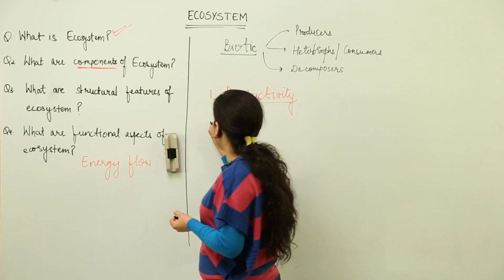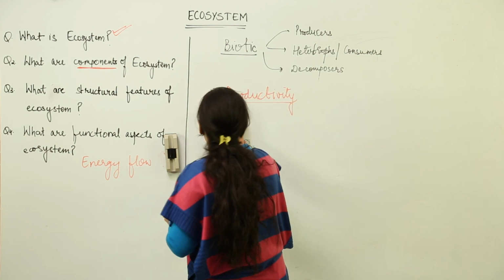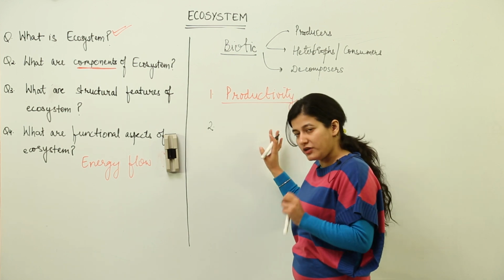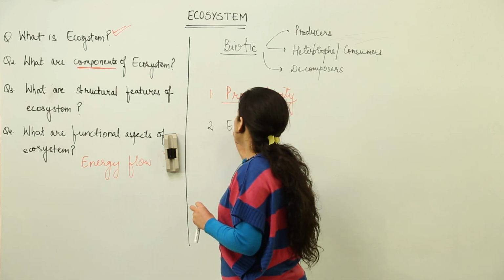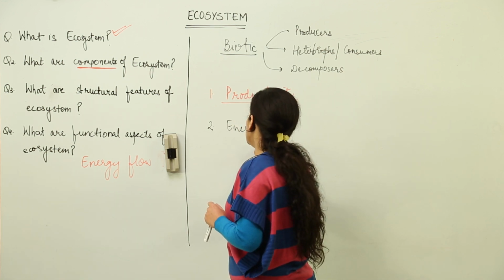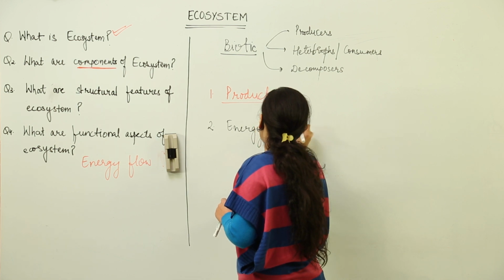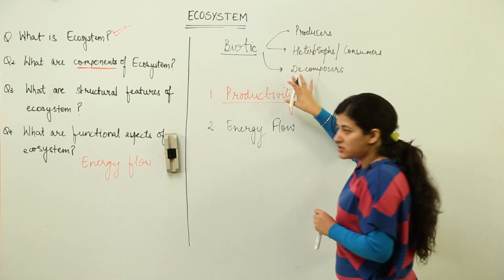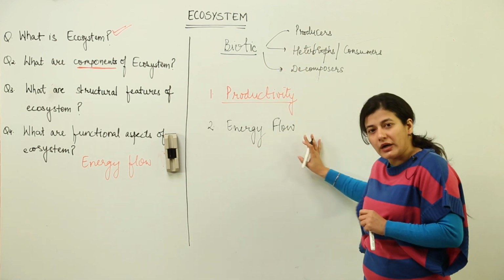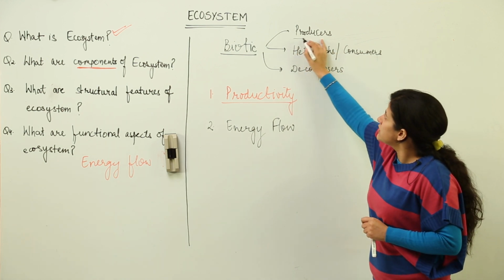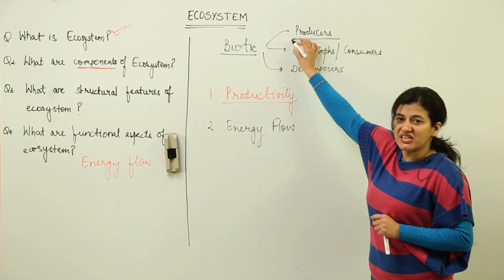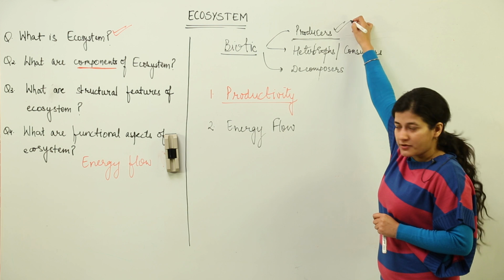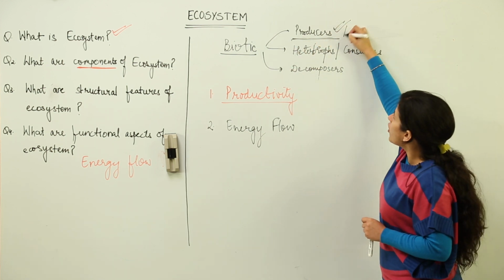Then the next thing after productivity, the first one. When we talk about productivity, there would be energy flow. We are going to come to that energy flow. So let us consider whosoever has produced this energy, how that energy flows from one consumer to the other, or one biotic component to another. The exclusive property of converting inorganic material to organic material lies with the producers, or we call them autotrophs.